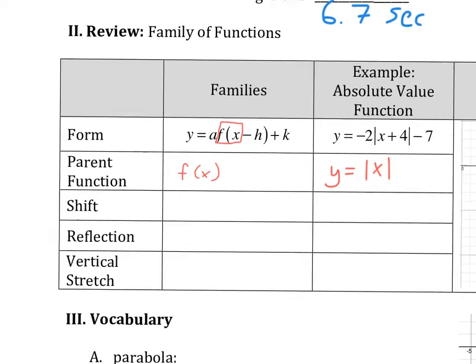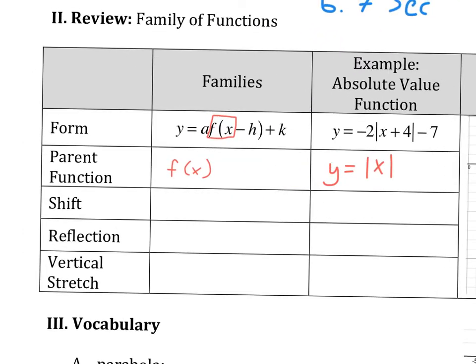So using the family of function rules, we can describe the graph without spending hours and hours with a table, without drawing all these crazy lines and making 100,000 points. All we say is, oh, it starts here, it begins here, it bounces here, etc. So remember, shifting.